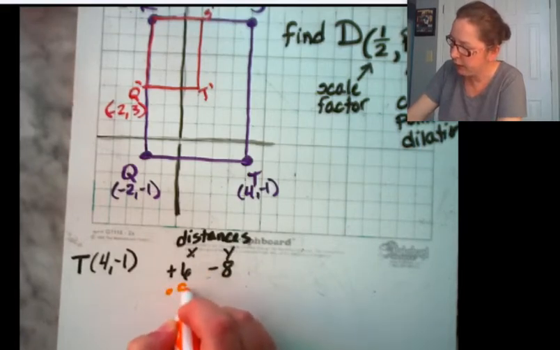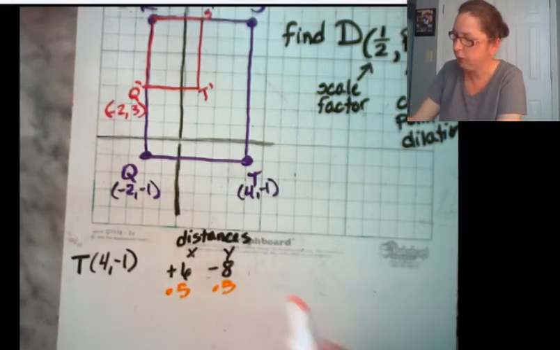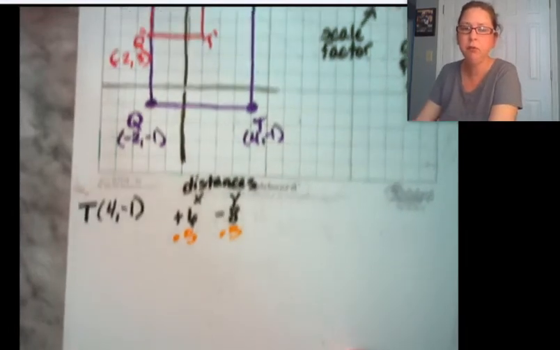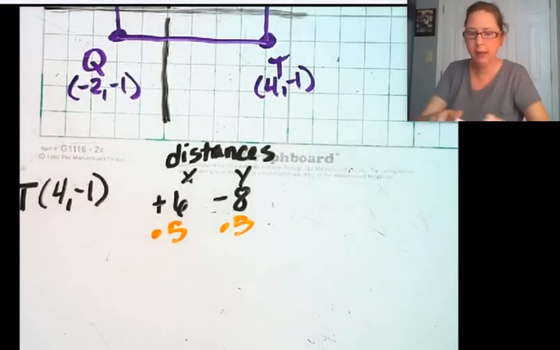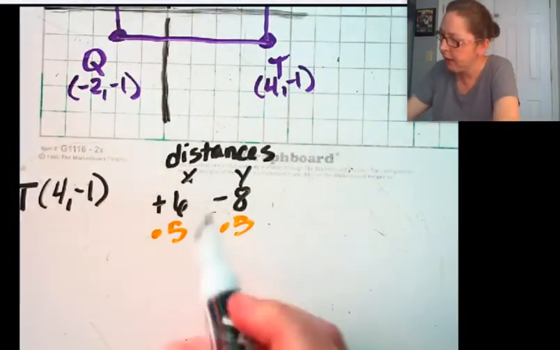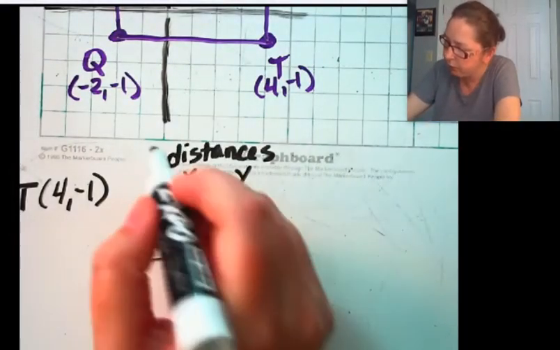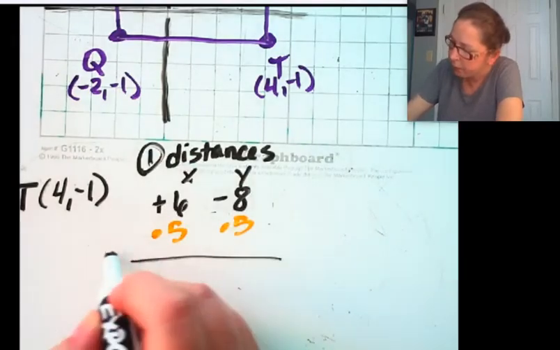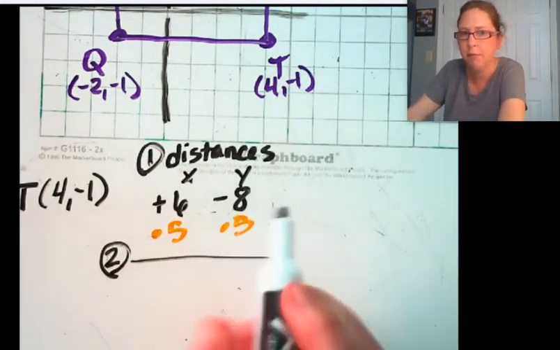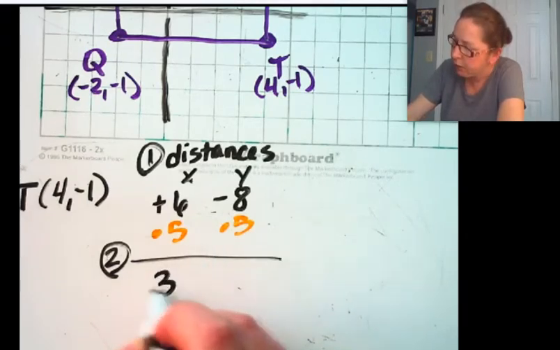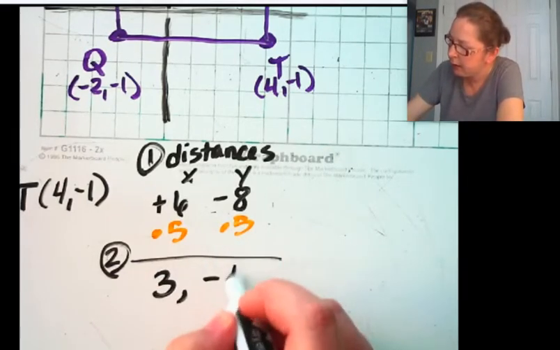So you could say times 0.5 or times 1/2, which is the same thing. So this was step 1, this is step 2. I'm going to now account for the scale factor. This will give me 3 comma negative 4.